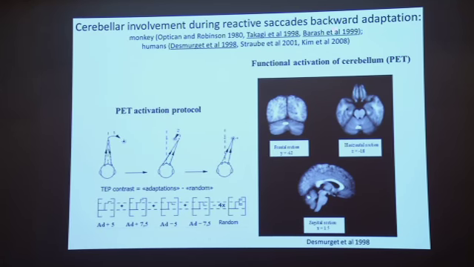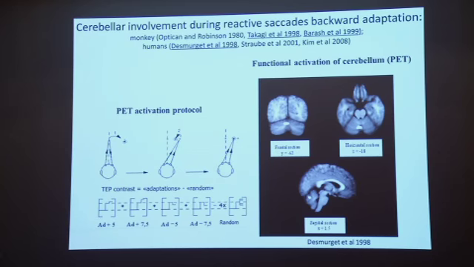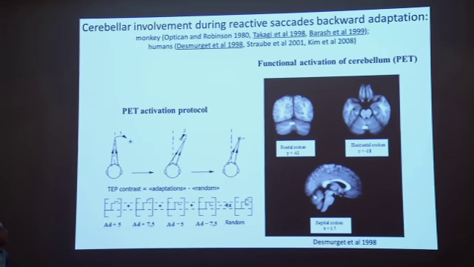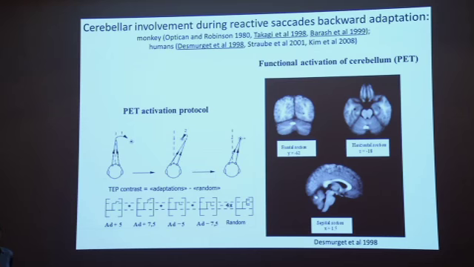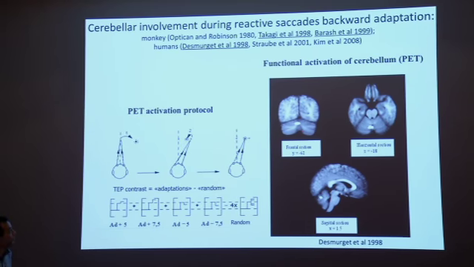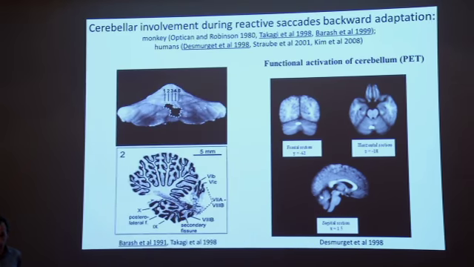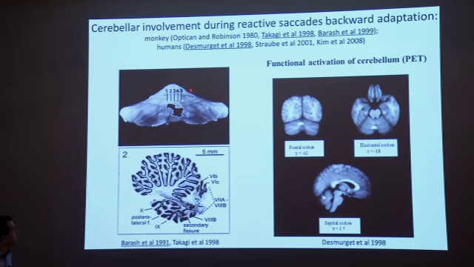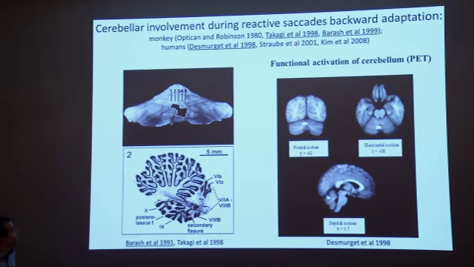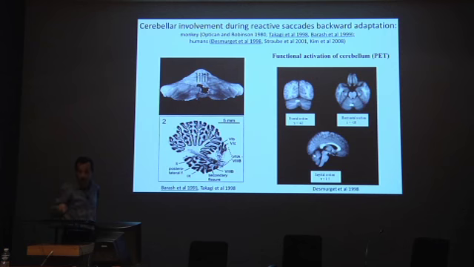This has been confirmed by other authors, and also Michel Demerger in humans showed in a PET experiment that the medial part of the cerebellum, what we call the vermis, is activated during an adaptation protocol. And here are the lesions that these people made in the monkey cerebellum to produce a deficit of saccadic adaptation, very similar to the site shown by Michel.